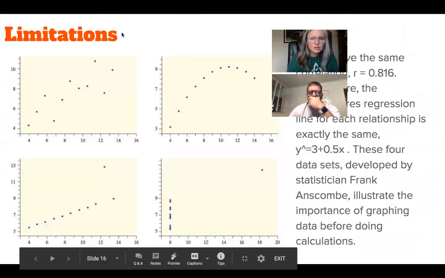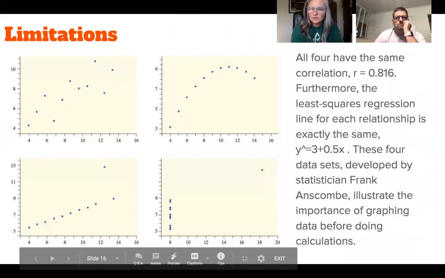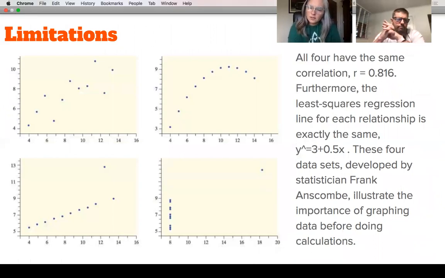Okay, so you want to explain this one? This is a very famous set of data called Anscombe's data. There are actual numbers that go with this. If you were to do a linear regression on all 4 sets of data, you would in each case get y hat equals 3 plus 0.5x.